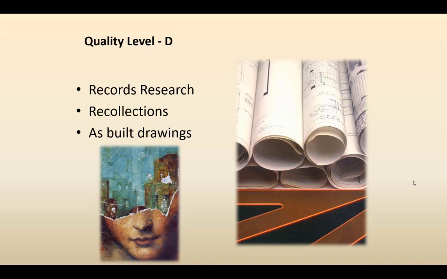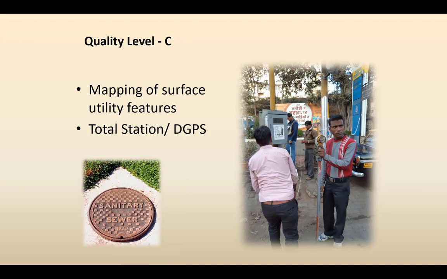Quality level D gives you the liberty of first of all doing the record research by your existing organizations, by various utility owners. You can take the data. Recollections, you can talk to people, find out about their memory of the utilities being there and put it in the drawing. As-built drawing is another source of it. We put this entire data together. So this is all the work which you can do to make a quality level D map. This is of course the least reliable information which is there.